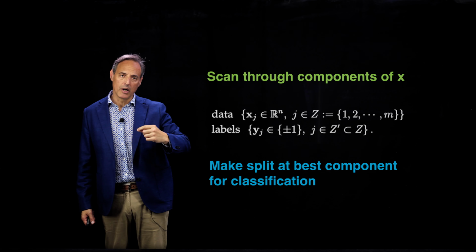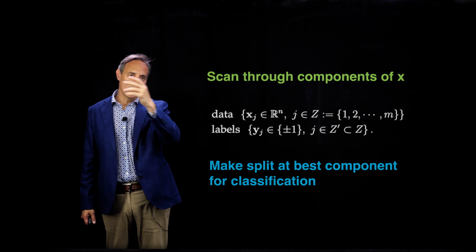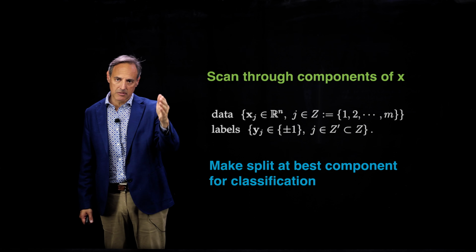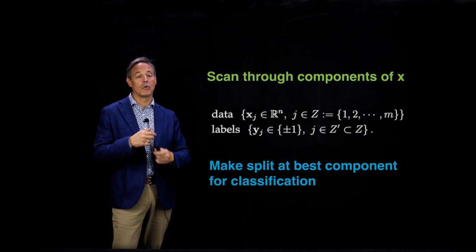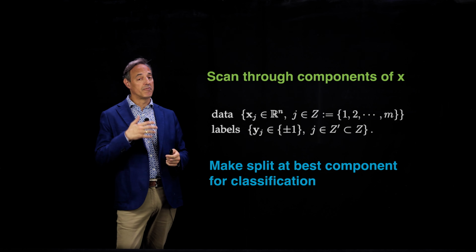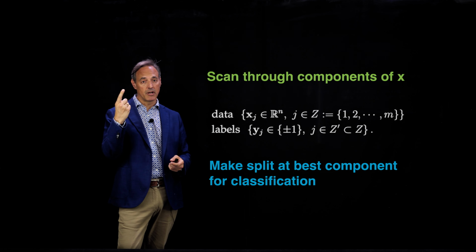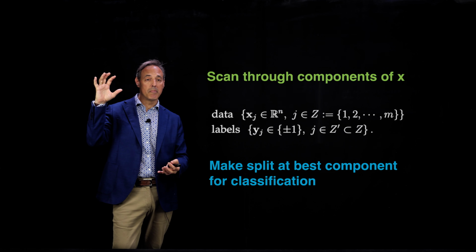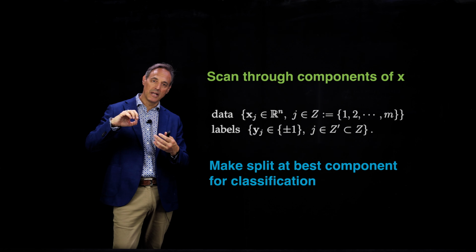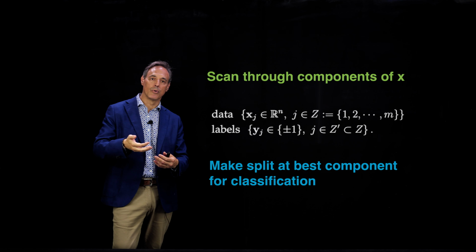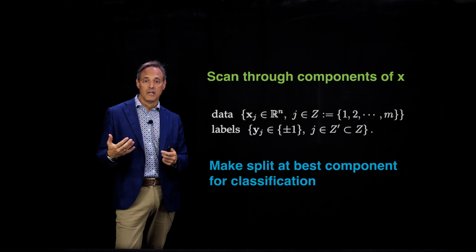I have to go through each one, scan through all of the data, and ask where's the best place to make a split. And I have to do that for all n variables across all the data. So this is very expensive to do. Once I pick the first variable to make the split on, I have to do it again with the remaining n-1 variables. Then once I make another split, I do the n-2 variables and so forth, until I've essentially made a classification tree.